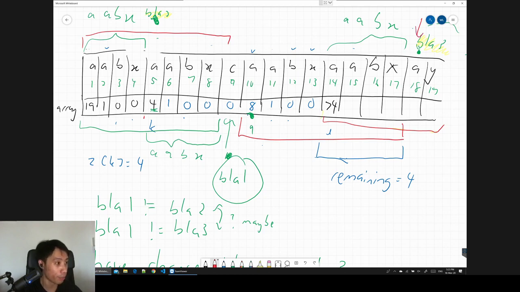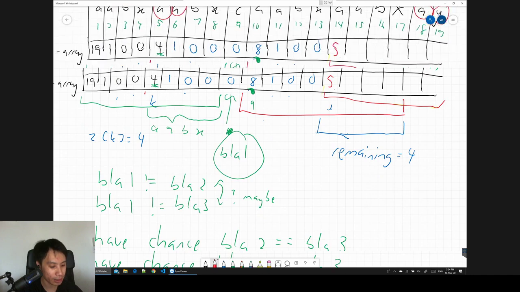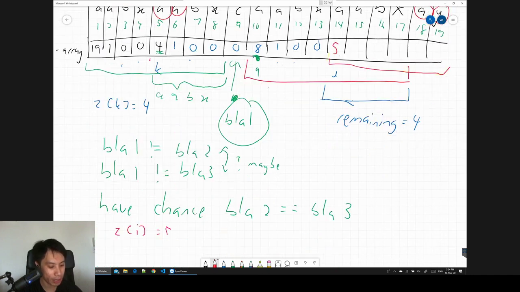I'm only going to compare from blah 3 onwards. A versus A. Is the alphabet the same? Yes. Y versus A. Is the alphabet the same? No. So my number here will be 5. Right. So Z i equals 5.